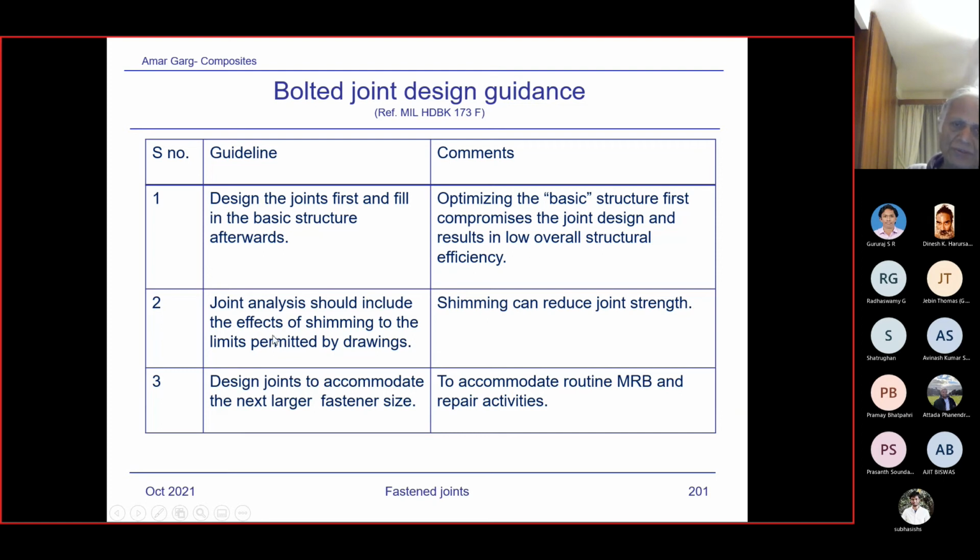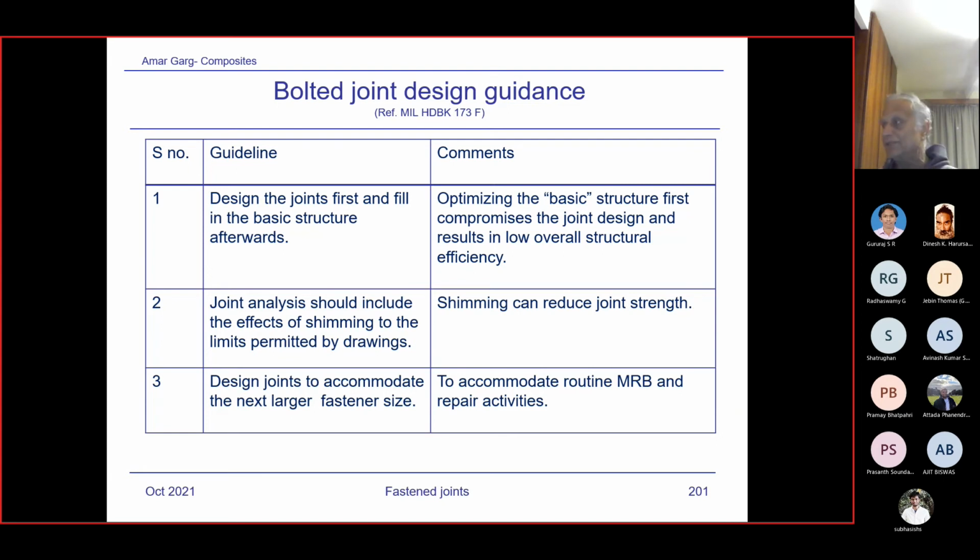Joint analysis should include the effect of shimming to the limits permitted by drawings. What it is saying, say, when the structure is being designed, you have suppose rib to skin joint. And as a designer, you will consider, okay, I can just consider rib thickness and skin thickness, and there's nothing in between that.